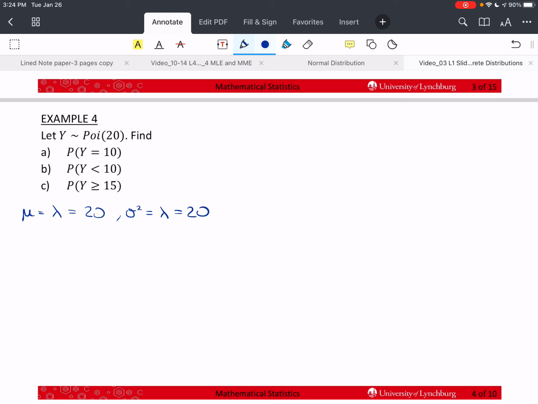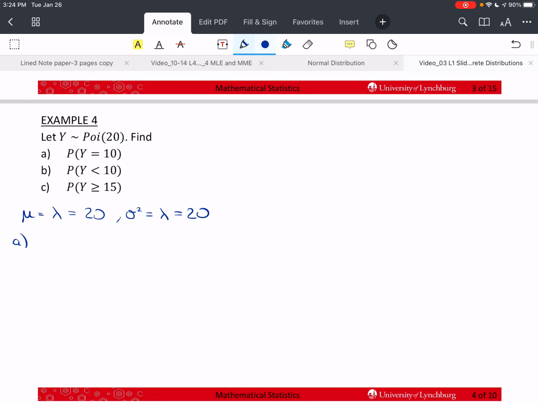Then the probability that Y is equal to 10 is going to be the probability that Y is between 10 minus 1/2 and 10 plus 1/2. So the continuity correction works just the same.